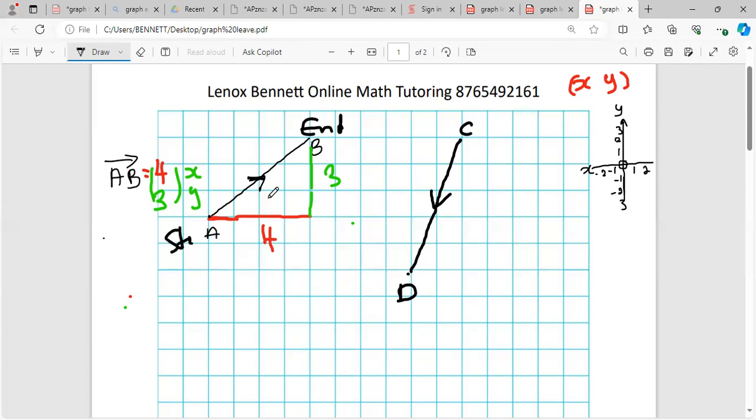That's how you know: whichever way the arrow is pointing, that's your end point. So this vector is going from C to D. Agree? It's going from C to D because D is your end point. So this is our starting point.